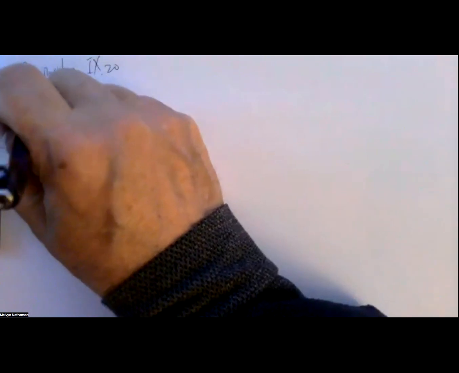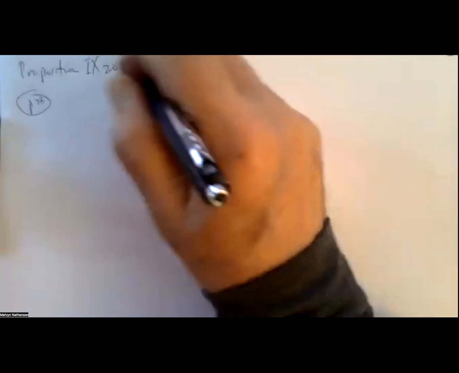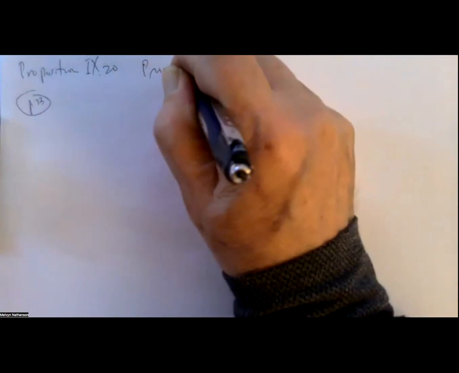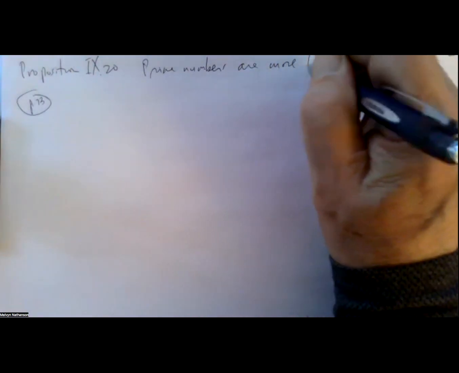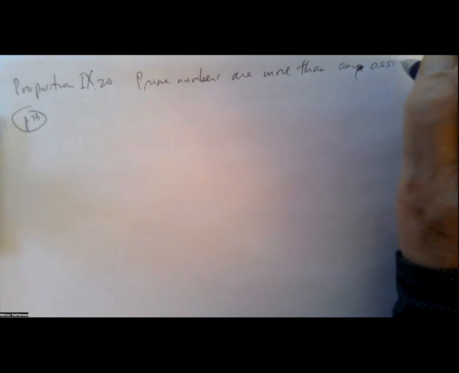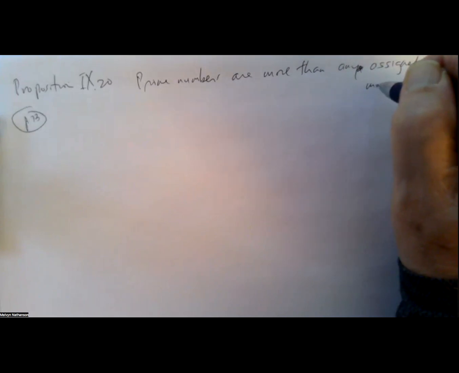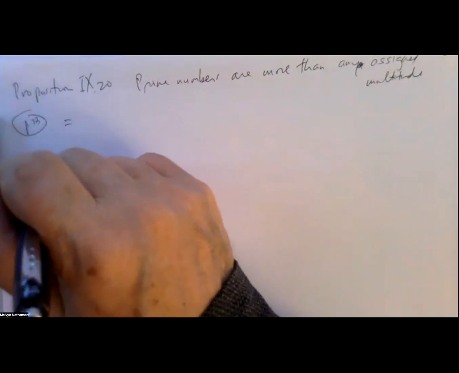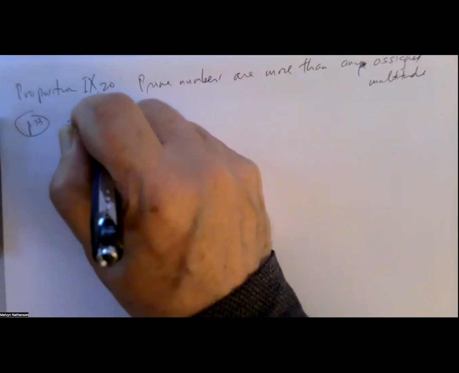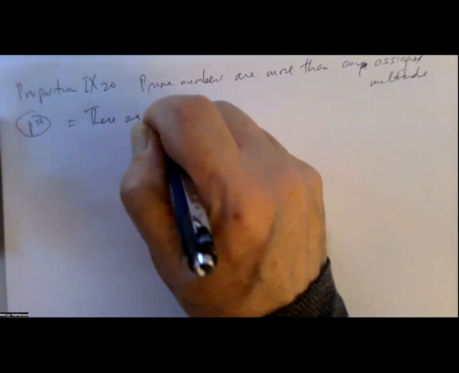And this is the way it is translated from Greek into English on page 73 of our book: Prime numbers are more than any assigned multitude. And the way we would state this is there are infinitely many prime numbers.